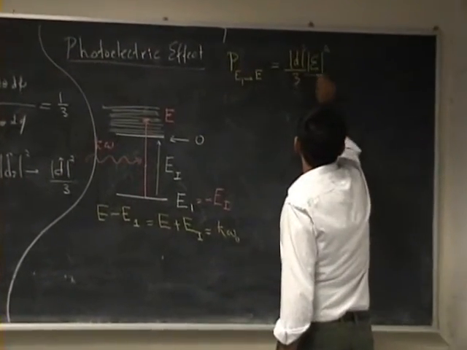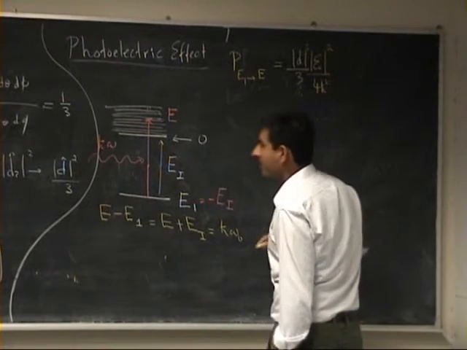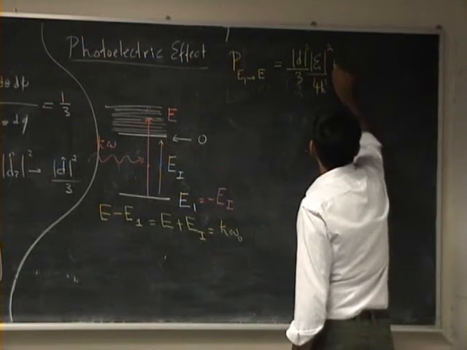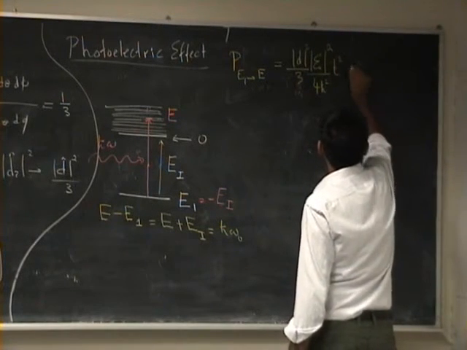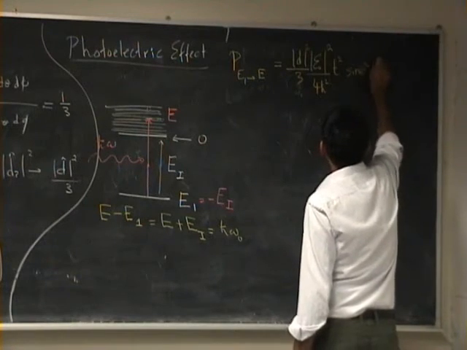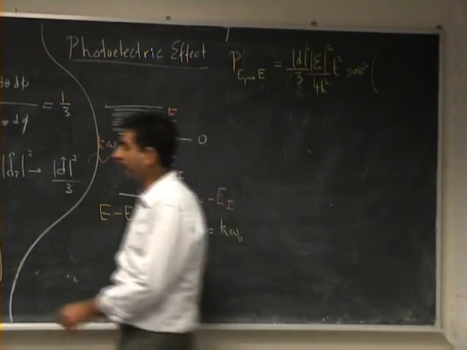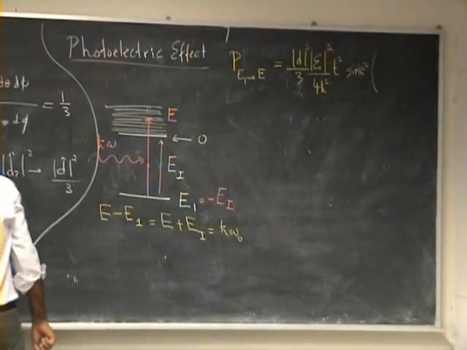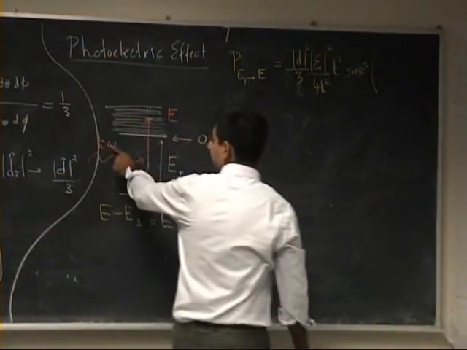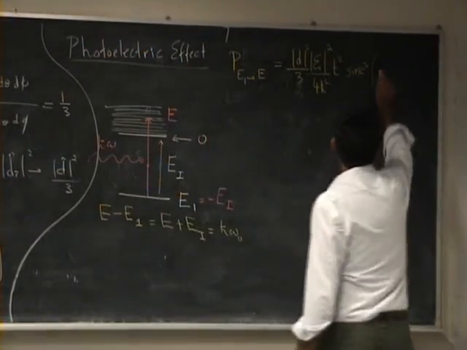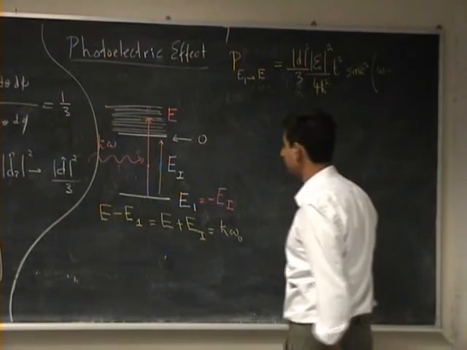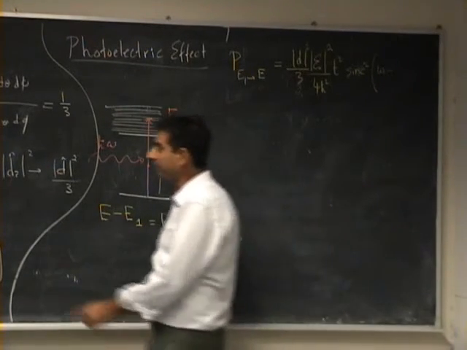I have 4H bar squared. I have T squared. And then I have sin squared omega. What is omega now? This is my incoming rate. Omega minus omega naught. Now what is my omega naught?